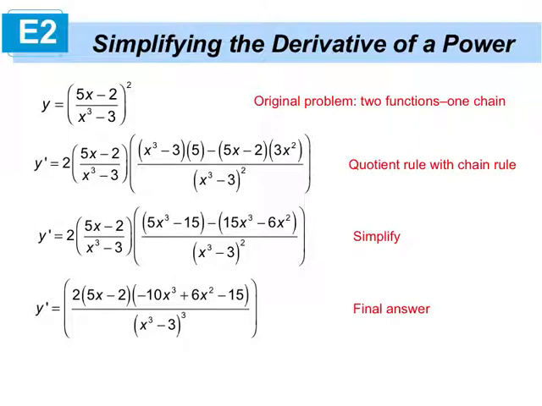Then do a quotient rule for that monster, and you get that mess. The rest of this is all simplifying, which at this point we don't really care about. The key at this point is recognizing how many functions you have and using that information to get the number of chains. Otherwise, you're either not going to chain enough or you'll chain too many.